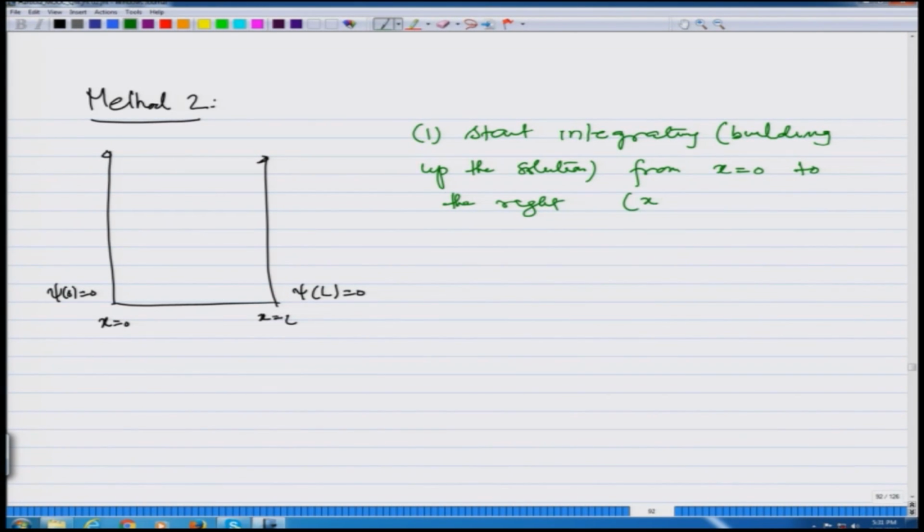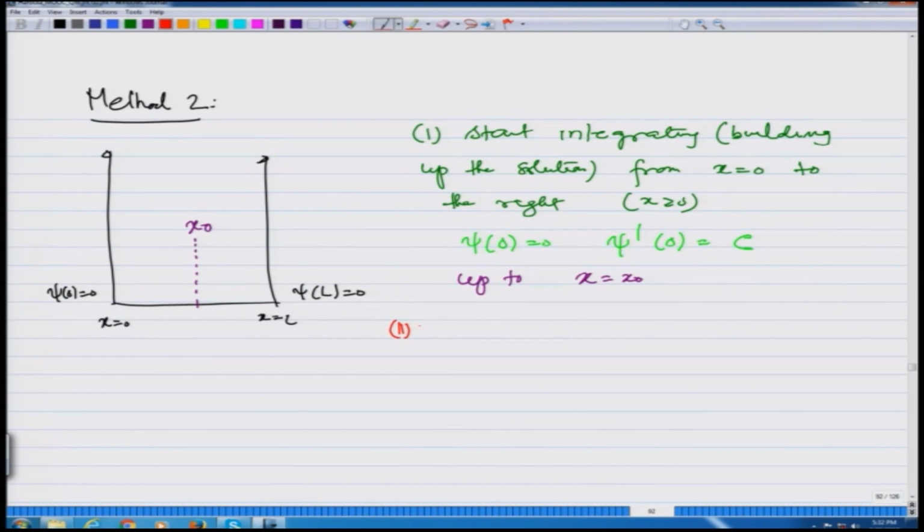By right means x greater than 0. So, you start with psi(0) equals 0, psi prime(0) equals some number, and then you know psi double prime from psi, and you start integrating out up to a certain point x, let us call it x0, up to x equals x0.